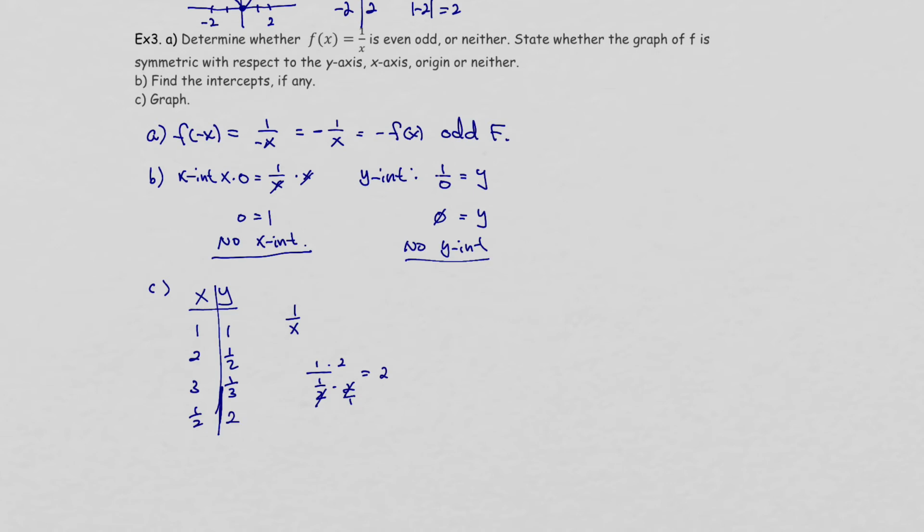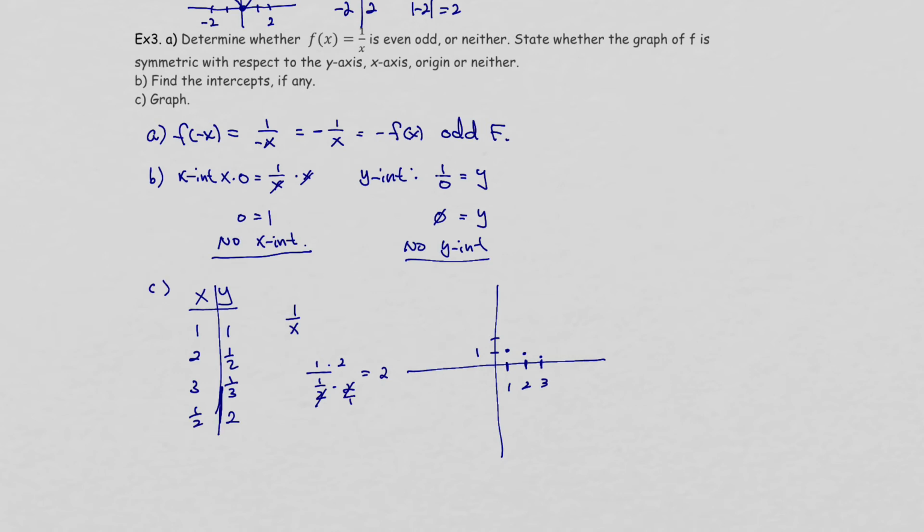So let's see what we have. When x is 1, it will be 1. X is 2, it will be 1/2. X is 3, it will be 1/3. I know it's never going to touch the x-axis, but it's going smaller, right? And when we replace half, we notice it's going to be 2, right?